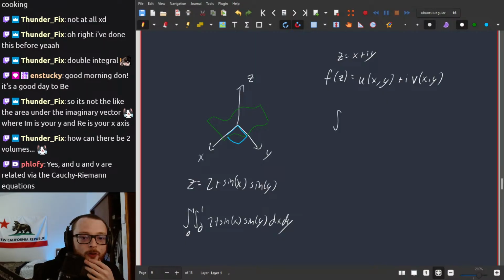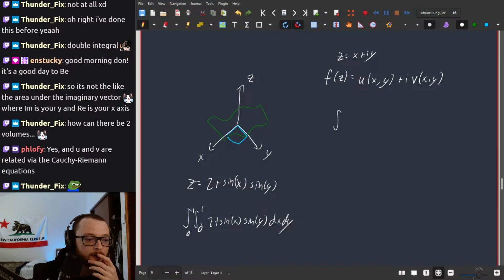I'm just wondering if you could construct some function of a complex variable that can't be split up like this. I assume you can, but I don't know. Can you split up like e to the z even, actually? I'm not sure that you could. I don't know if this is worth thinking too hard about. Actually, yes. Yeah, you can. Never mind. Sorry. Okay, this is not the point.